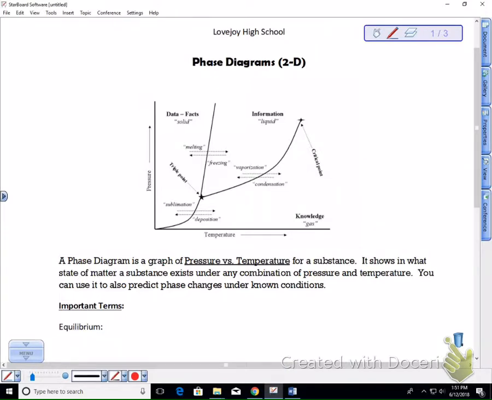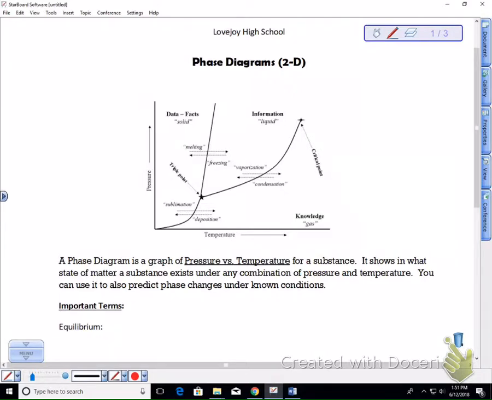And if we cross this line, the process is called melting, and if we go from liquid to solid, it's called freezing. Likewise, if we go from liquid to gas, that process is called vaporization. It could either be artificial, boiling, or non-artificial, evaporating, so we just call it vaporization. And if you go backwards, it's called condensation.